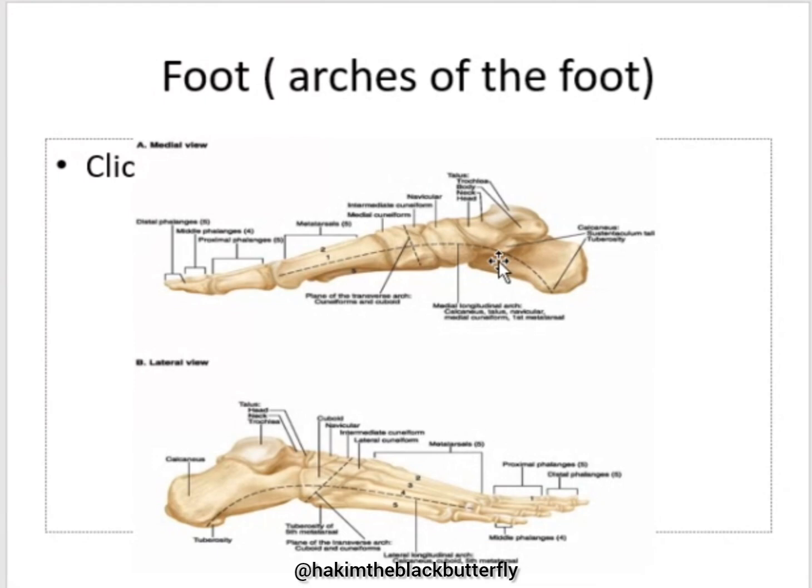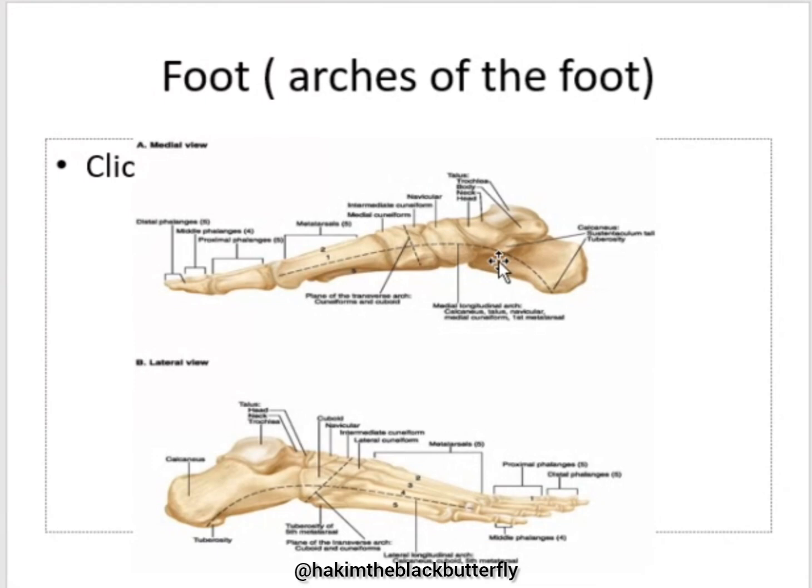The joints of the medial longitudinal arch will have this joint, the subtalar joint. They call it a subtalar joint because it is below the talus. And this is the joint between the talus and the calcaneum. It is known as a subtalar joint. Club foot always affects the subtalar joint.